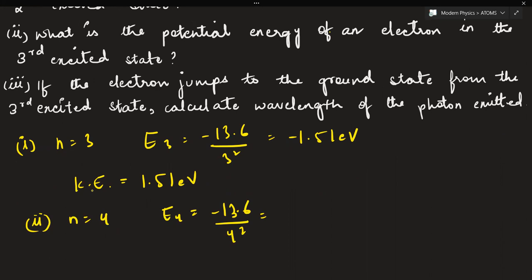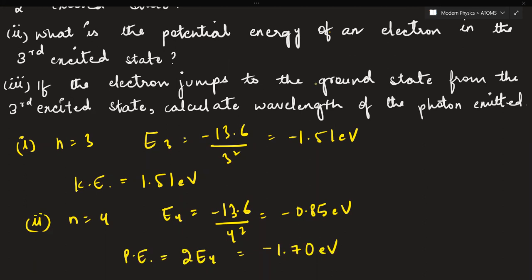Potential energy is double of the total energy, so it will be 2 times E4, that is minus 1.70 electron volt. Yes, potential energy, correct.